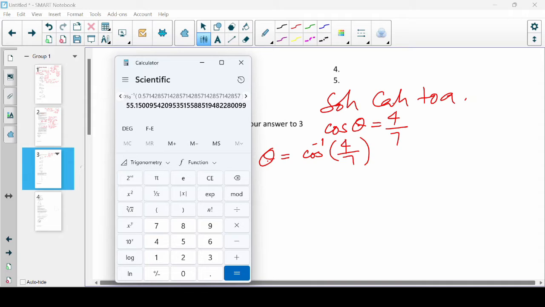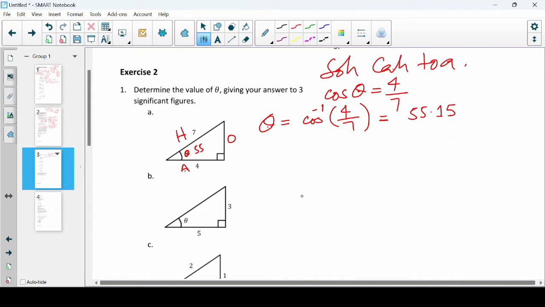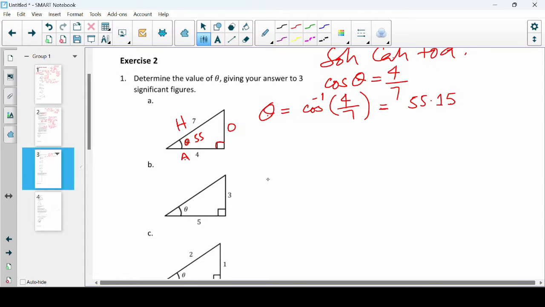This gives you 55.15. So the angle here is 55.15, or about 55. This is how you can find the missing angle if two sides have been given in a right angle triangle with the help of trigonometric functions.